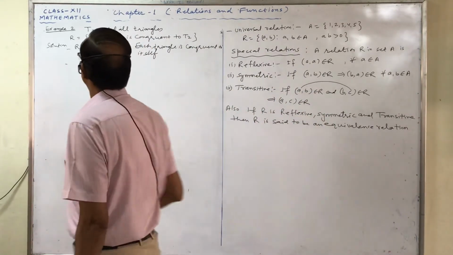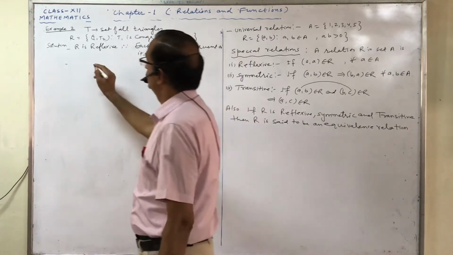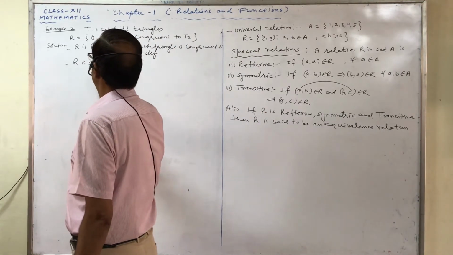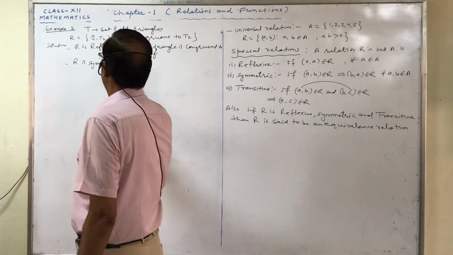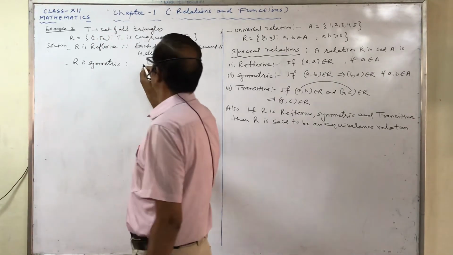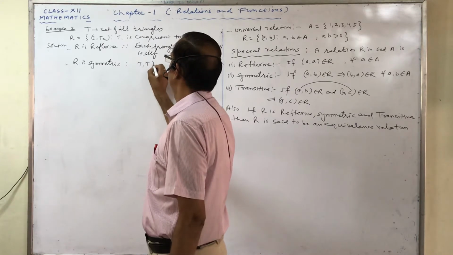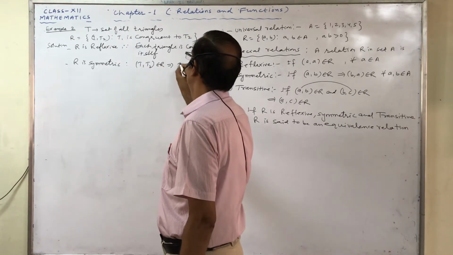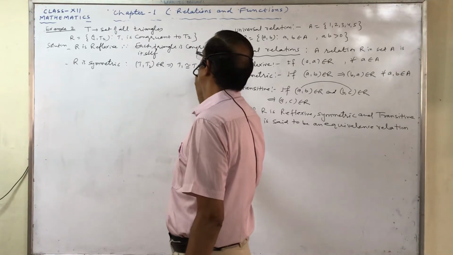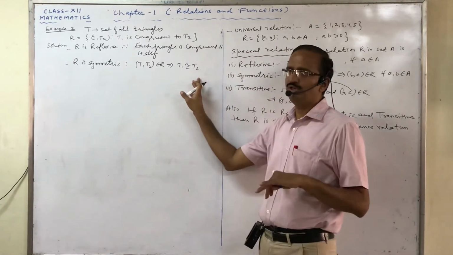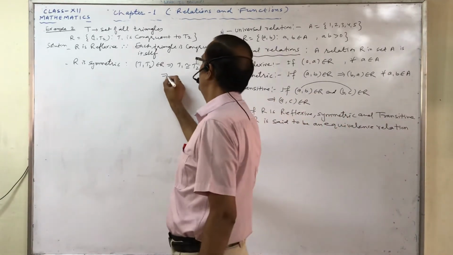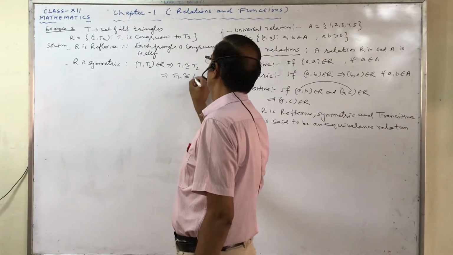Second, R is symmetric also. Why is it symmetric? Because if T1, T2 belongs to R, it means T1 is congruent to T2. When triangle T1 is congruent to T2, obviously T2 is also congruent to T1.